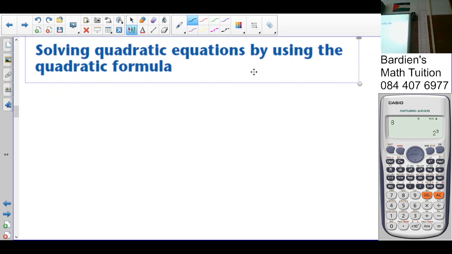So the formula is derived from the standard form of a quadratic equation, which is ax squared plus bx plus c is equal to 0. So what you did in yesterday's lesson or homework, we're going to complete the square on this given equation.